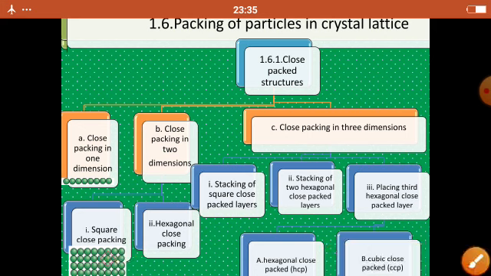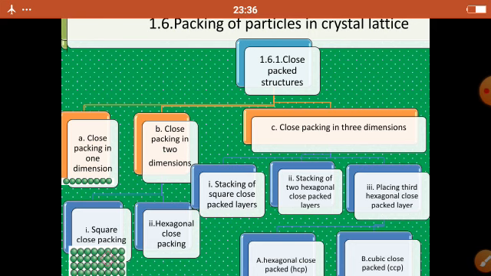If we join the centers of these four spheres, then the shape we get is a square, and that's why such an arrangement is called square close packing. Since all the rows, row 1 is A, row 2 is A, row 3 is A, row 4 is A, this type of arrangement is also called an AAA type two-dimensional arrangement.